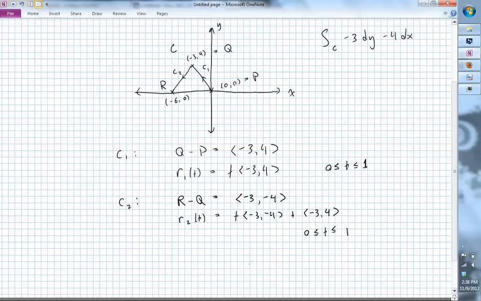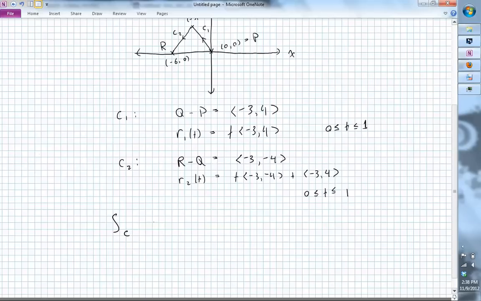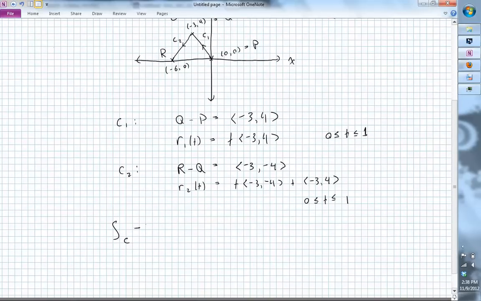Now I'm left with the task of computing the integral along C of -3 dy minus 4 dx, which I've already noted I can write as the integral over C1 of -3 dy minus 4 dx plus the integral over C2 of -3 dy minus 4 dx.